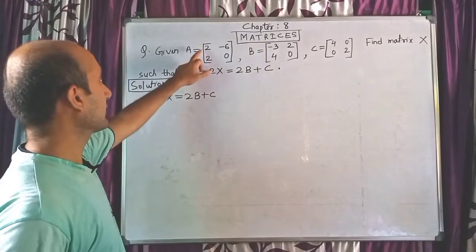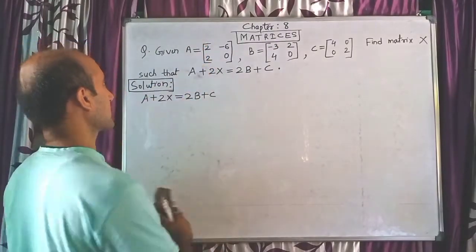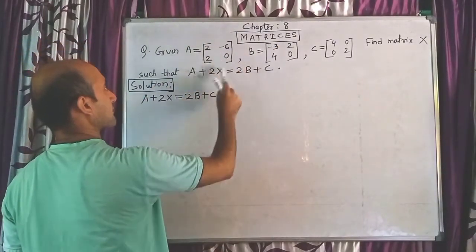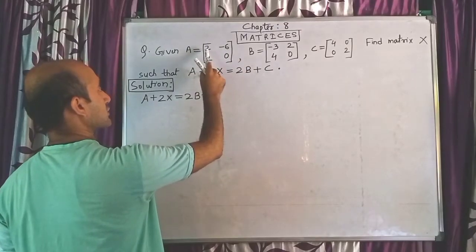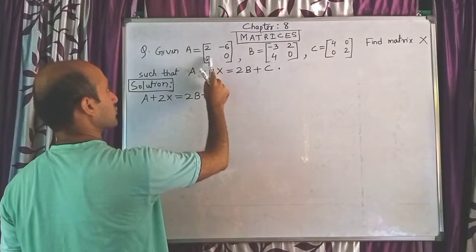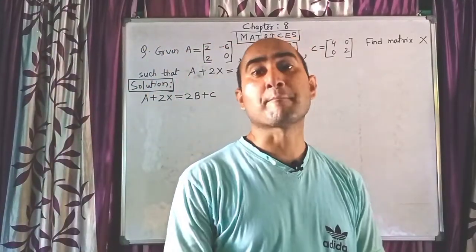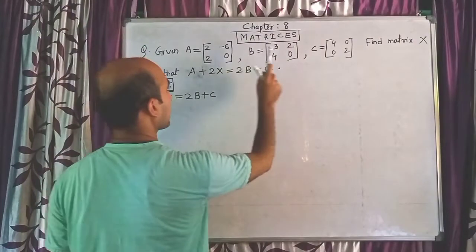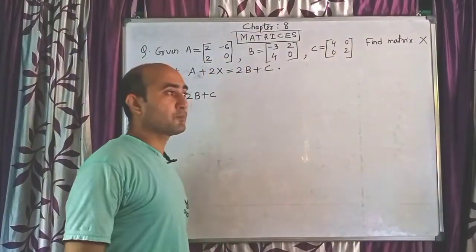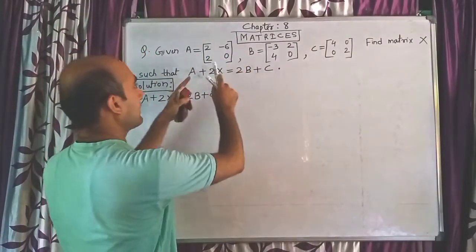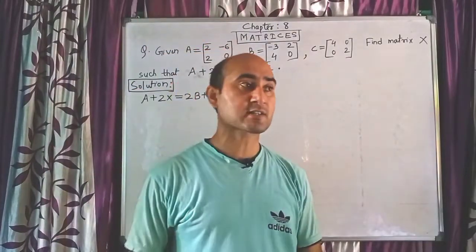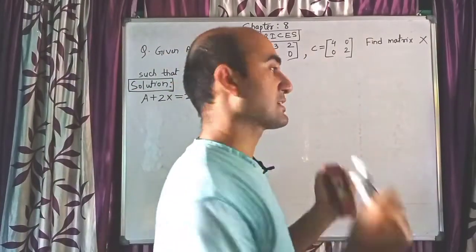You can see one symbol of a matrix, and inside it you find 2, -6, 2, 0. Such a formation is called a matrix. So here you can see 3 matrices. By seeing this symbol and this formation, you understand that this is the matrix chapter.